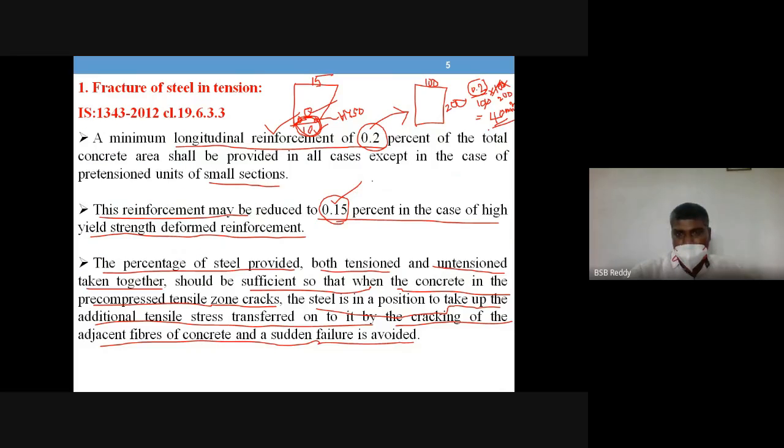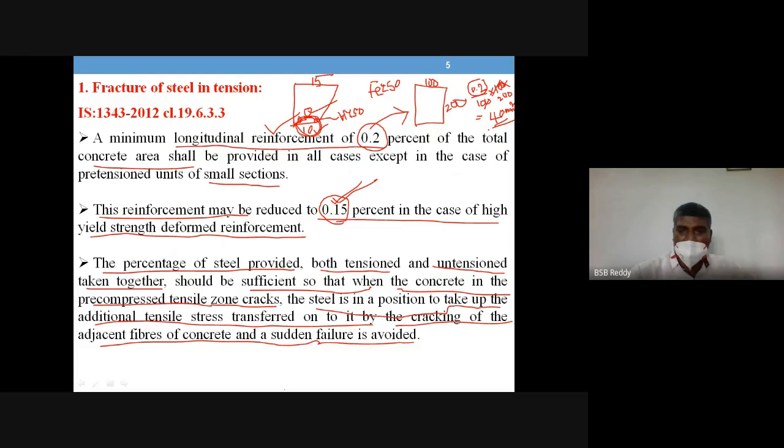So 0.2% if you use Fe250 mild steel. If you use HYSD bars, it can be 0.15% of the cross section of concrete as the minimum longitudinal reinforcement to avoid that fracture of steel, right?